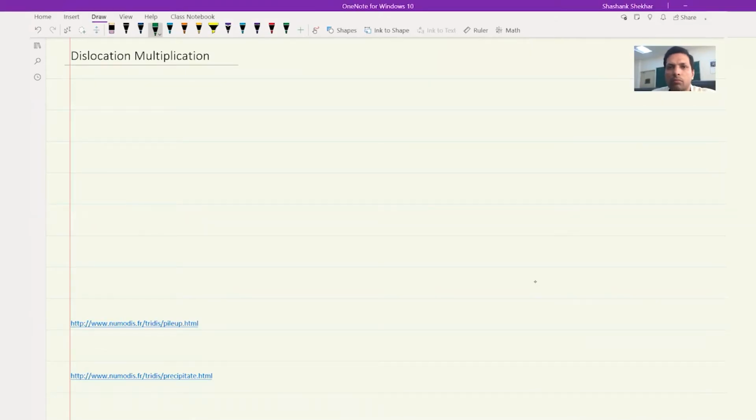The dislocation multiplication mechanism, which is very well known and widely accepted, is the Frank-Read mechanism.